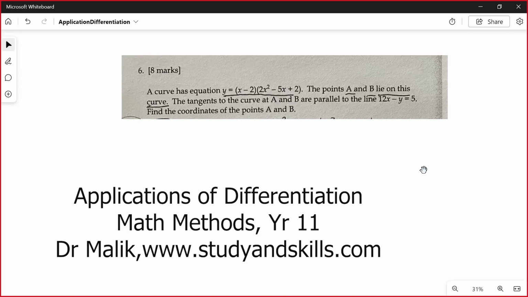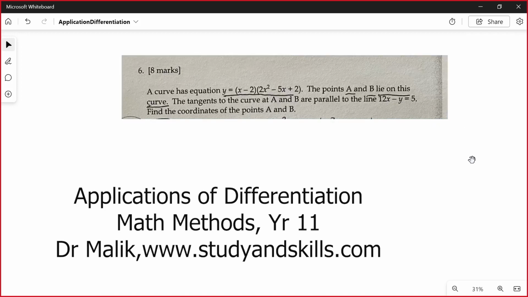We do not know how this equation looks, but we came to know that it's a cubic equation. Then there are 2 points A and B which lie on this curve. The tangents to the curve at A and B are parallel to the line 12x minus y equals 5.